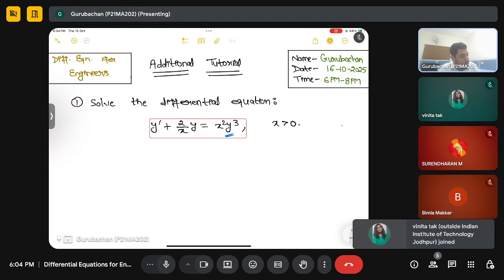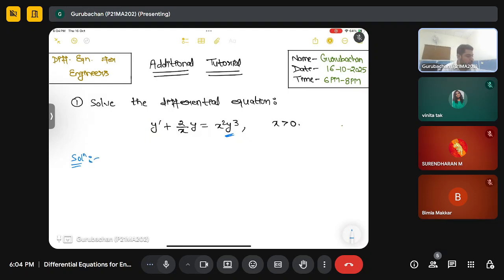Let us see how to bring it into its Bernoulli form and see how it is linear. Dividing by y cube, we get (1/y^3) dy/dx + (1/y^2)(2/x) = x^2. Put 1/y^2 equal to v.